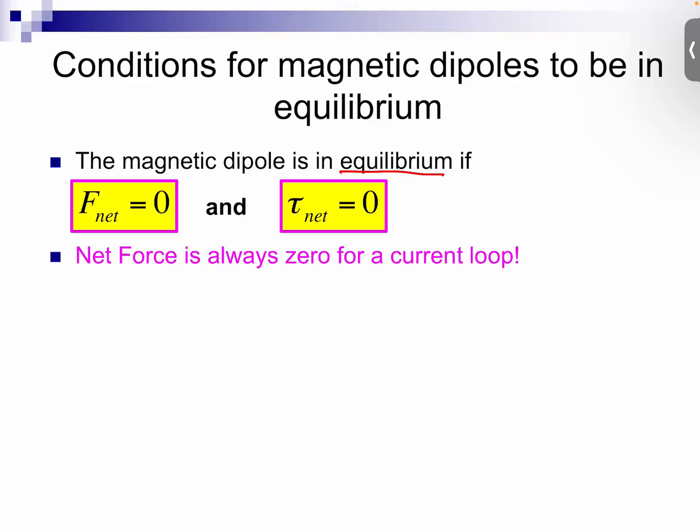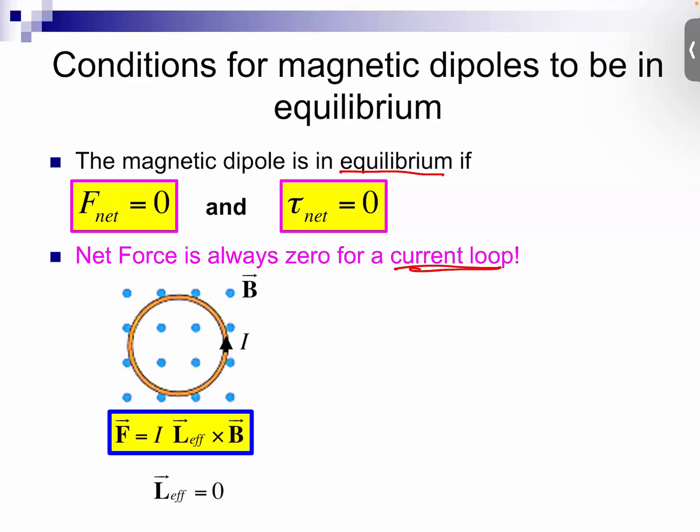For a closed wire loop, the magnetic force is always equal to 0. Can you see why? If you have a wire loop like this and put it in a magnetic field, the magnetic force will always be 0 because it's a closed loop. It's not straight, so we use our definition of the effective length.